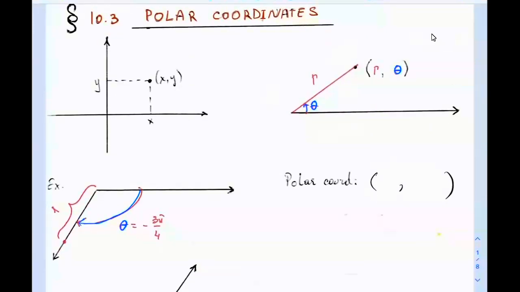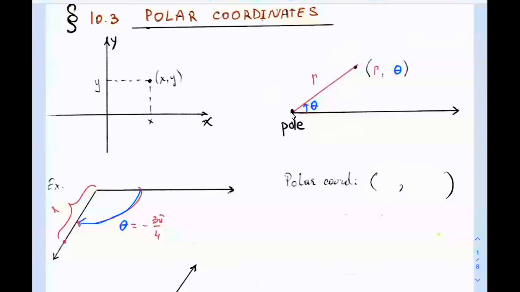In the past, we have had rectangular coordinates, right? You have this x and y axis, and we have an ordered pair to represent the position of a point. Now in polar coordinates, this origin over here is going to be called the pole.